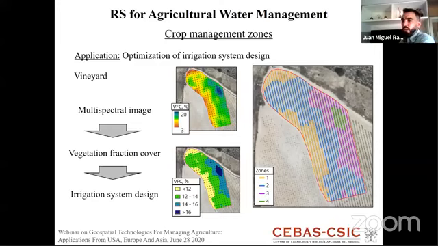These zoning maps have multiple applications. For instance, this information can be helpful in precision irrigation strategies and for the optimization of the irrigation system design. In this specific case, the vineyard of interest was flown with a multispectral camera on board, and from this information, the vegetation fraction cover was calculated and later divided in 4 classes depending on its value.